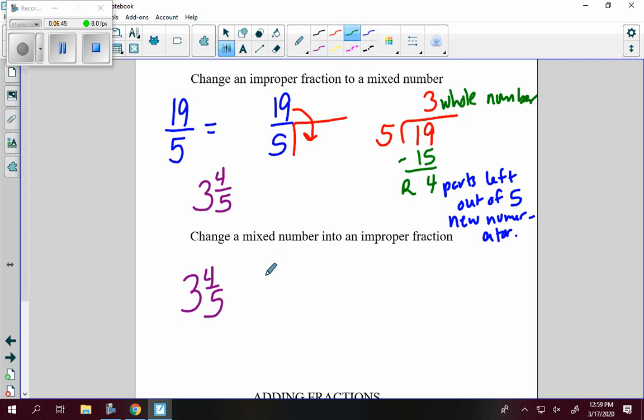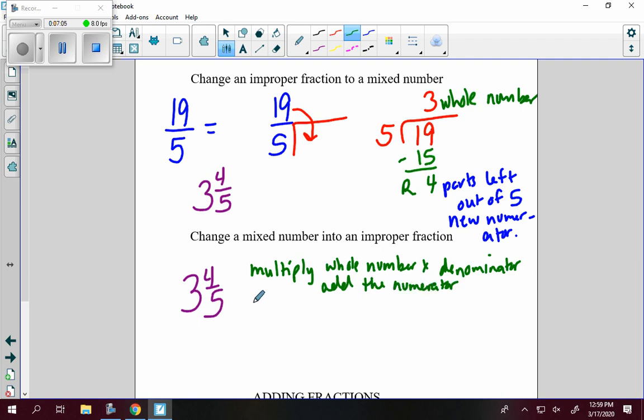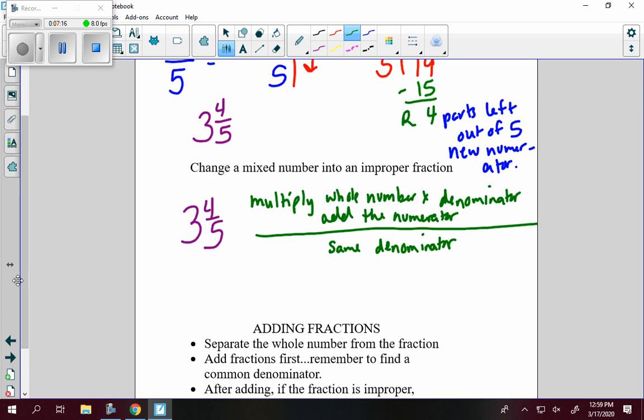We're going to multiply the whole number times the denominator, and then add the numerator, and it's going to be all over the same denominator. So that denominator does not change. It's still going to be out of that 5 parts.